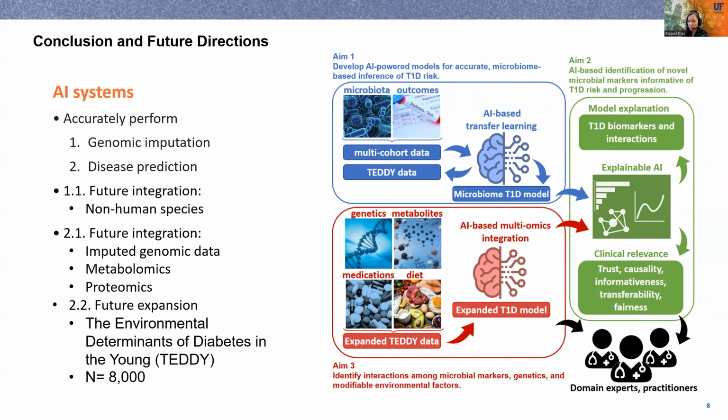For example, The Environmental Determinants of Diabetes in the Young, the TEDDY study, which has a sample size of 8,000, and all the individuals have high risk for type 1 diabetes. So it will be very interesting to adapt that workflow to this larger data set.